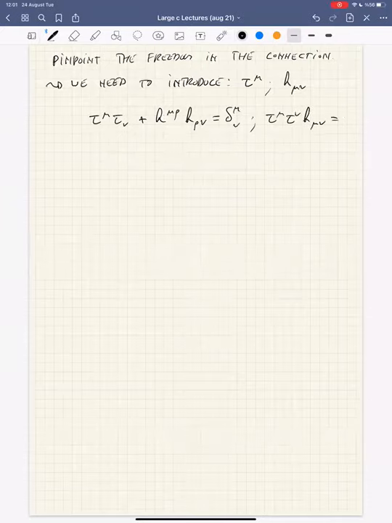Well, we're going to demand that they satisfy this, if you like, completeness relation or orthogonality relation. And then one extra condition, which one also needs to impose, which will guarantee that tau^μ h_μ is 0.